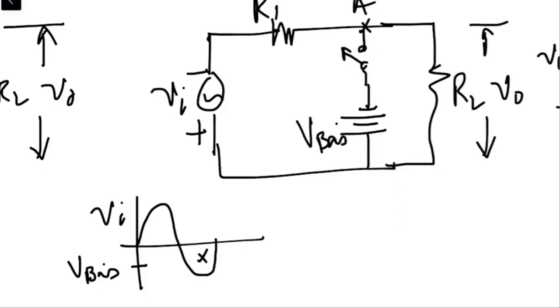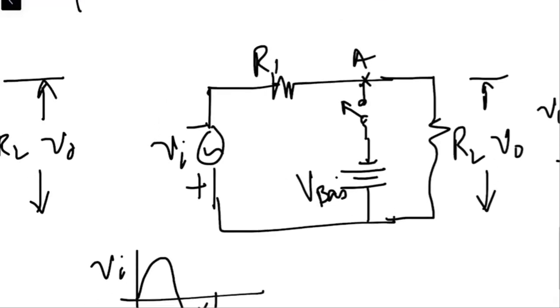So if it is less than V bias in the negative direction, this means the diode will remain as an open switch. But as the potential at point A becomes equal to V bias, at that very instant we have a transition of the diode from the off state to the on state, right?